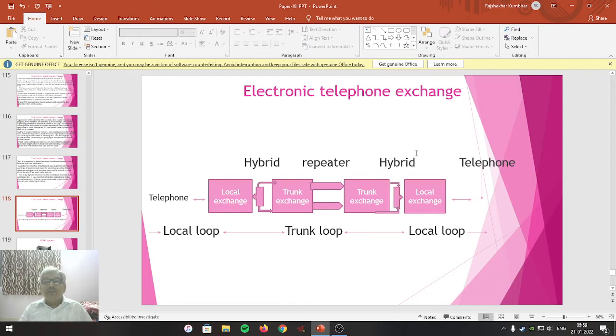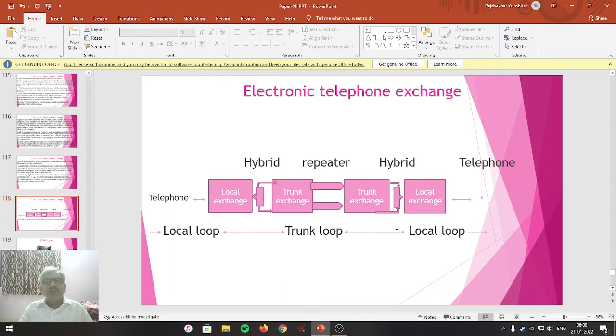It is again done by means of a hybrid circuitry. This communicating signal now reaches again the local exchange, and the local exchange is again connected with the telephone handset. This connection is done via local loop.